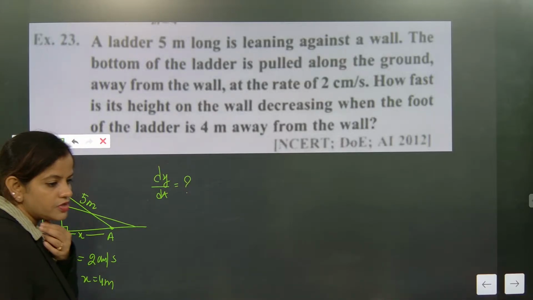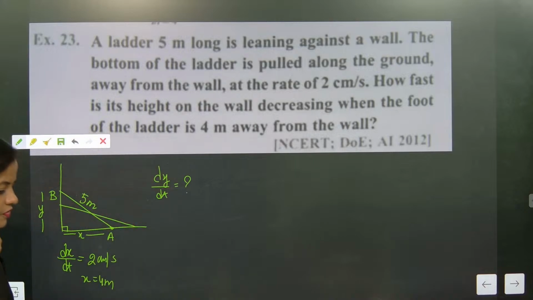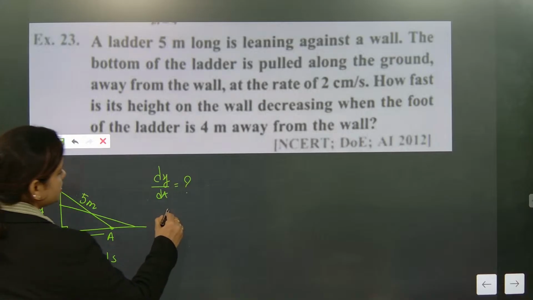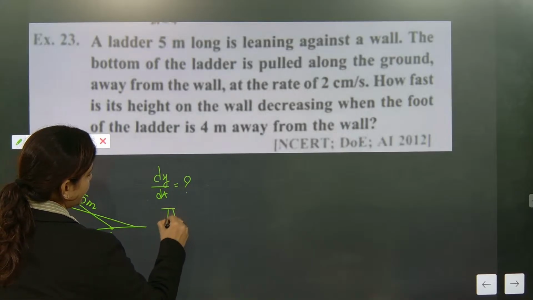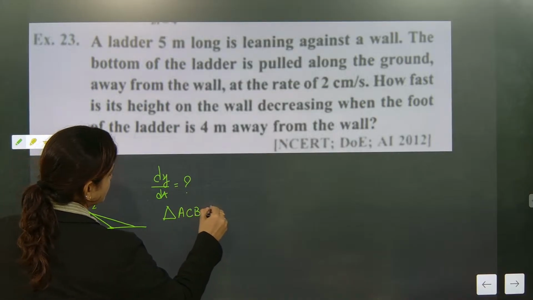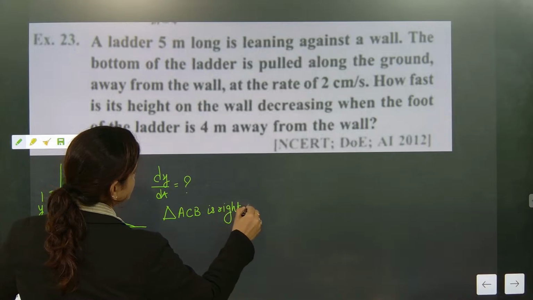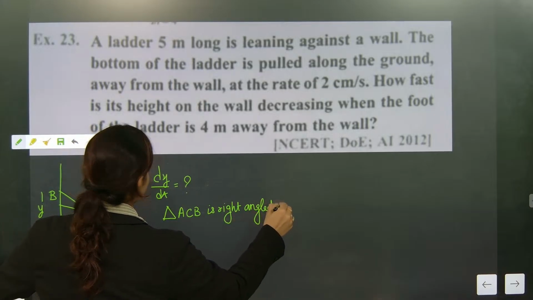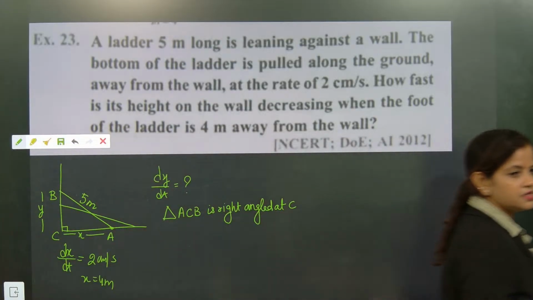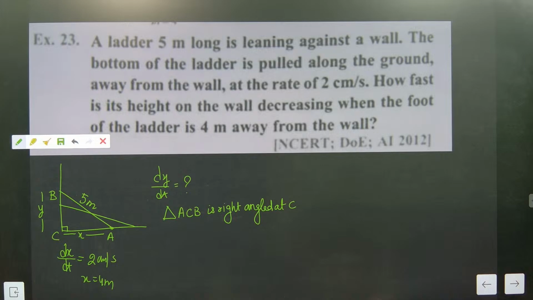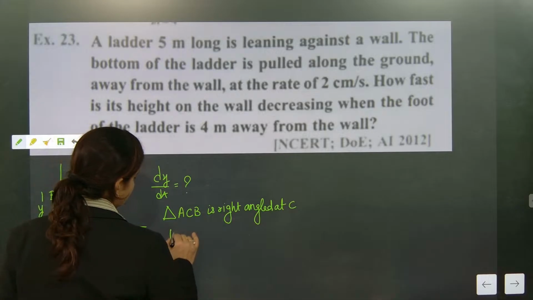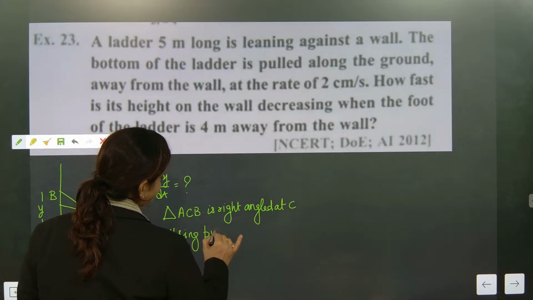Will you be able to solve the question? Try and solve the question, beta. Here only one work will be there. If I take this point as C, triangle ACB is right angled at C. You need to understand, triangle ACB is right angled at C, and then we will use Pythagoras theorem.